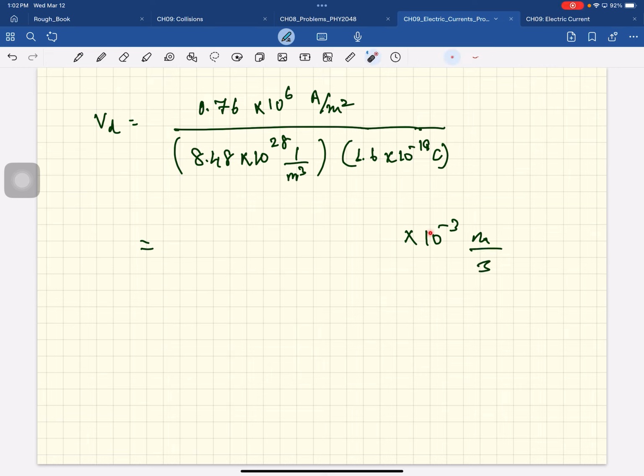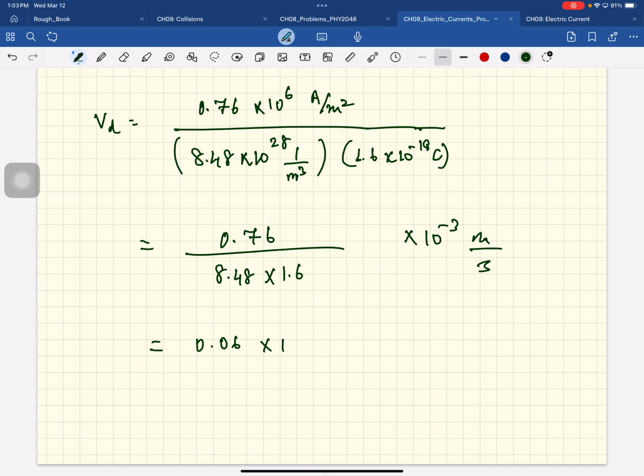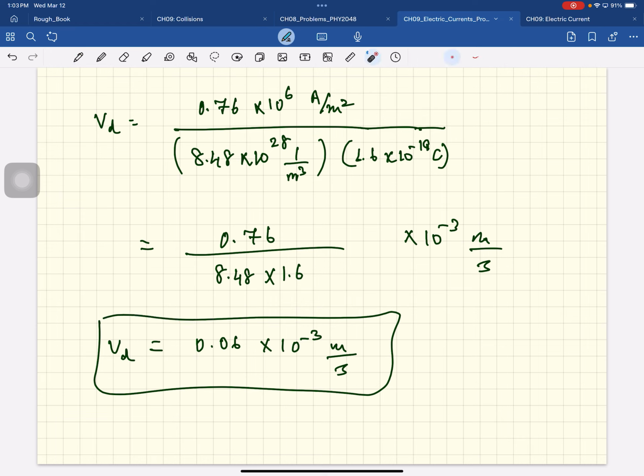Okay, and that's good because that's a millimeter. 0.76 over 8.48 into 1.6 gives 0.06 into 10 to the minus 3 millimeters per second. It's 0.06 millimeters a second.